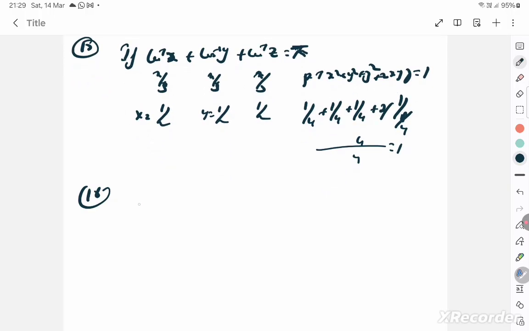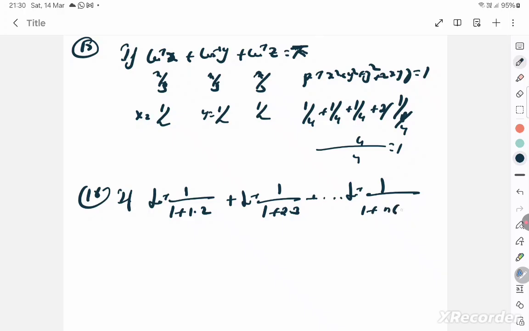Let's go to the 16th question. Next is: if tan inverse of 1 by 1 plus 1 into 2, plus tan inverse of 1 by 1 plus 2 into 3, plus dot dot, tan inverse of 1 by 1 plus n into n plus 1, is tan inverse of theta, what is this theta?